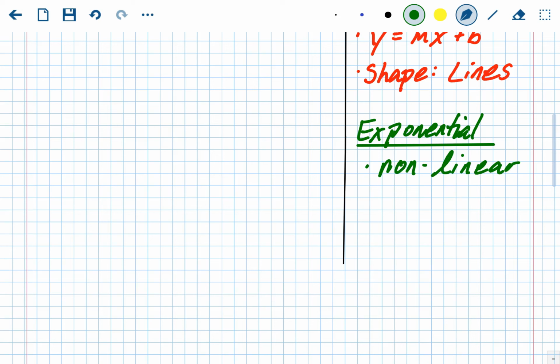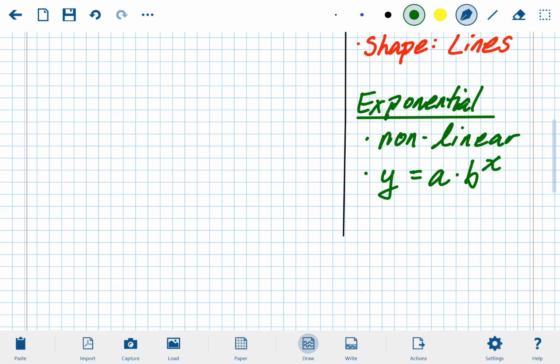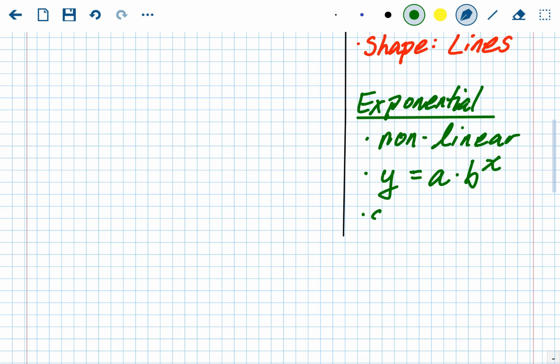The standard form for exponentials was y equals a times b to the x power. Okay, remember, what made it exponential was that there was a variable in the exponent.